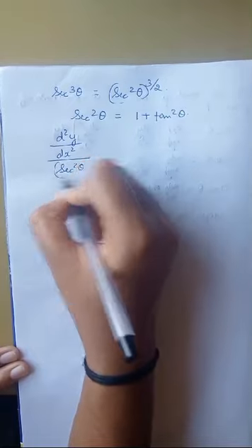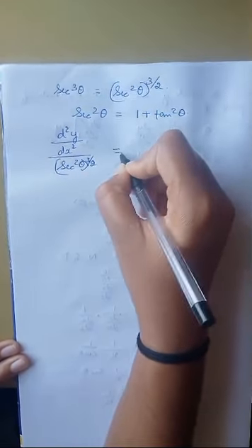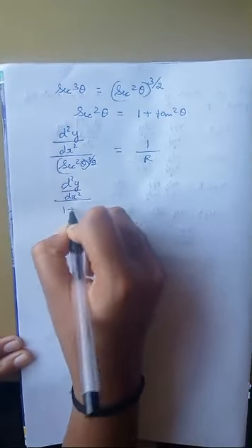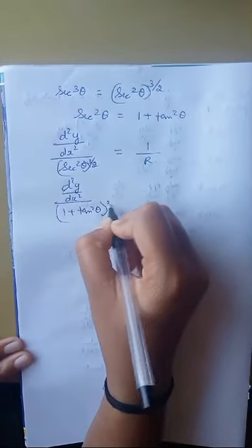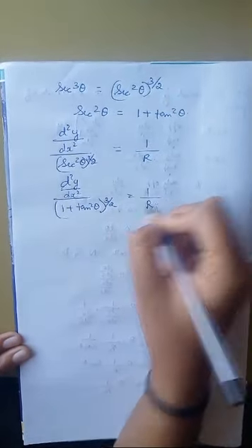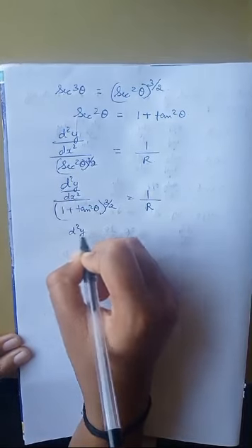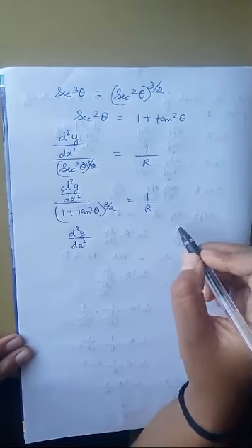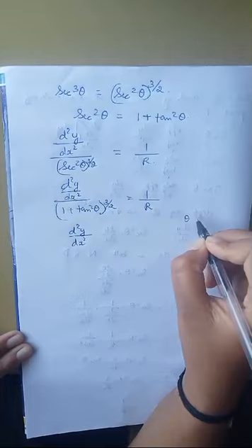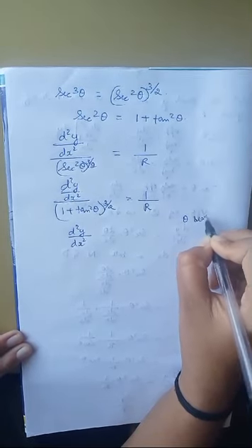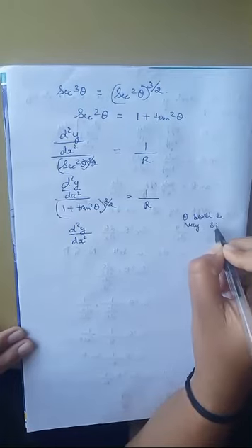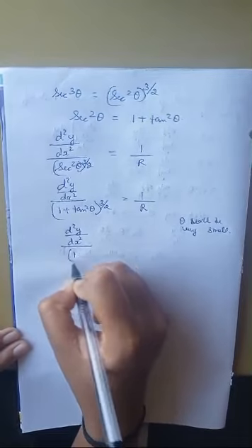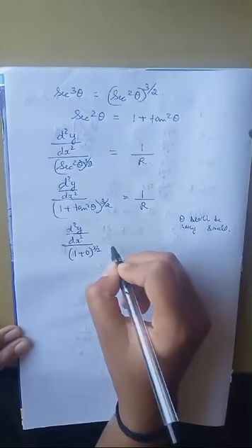Then we will substitute in that equation, instead of secant cube theta we write secant square theta to the power 3 by 2, so d square y by dx square by 1 plus tan square theta to the power 3 by 2 is equal to 1 by r. Now here, when the deflection is very low, theta will be very small, so we will neglect tan square theta, then it becomes 1 plus 0 to the power of 3 by 2.